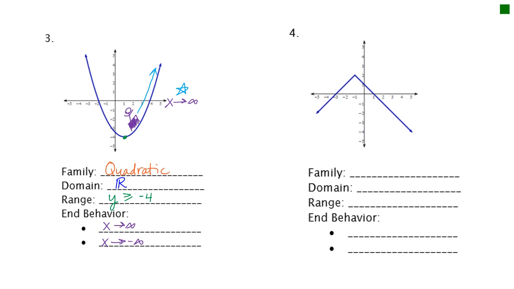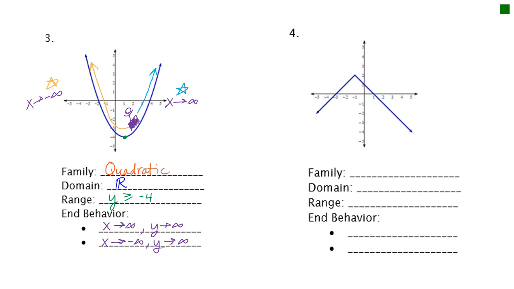So that means as x goes to infinity, y also goes to positive infinity. If I wanted to go to the left, towards negative infinity, my roller coaster car would have to go up again. So my answer here is the same: as x goes to infinity or negative infinity, both of my y values are going up.